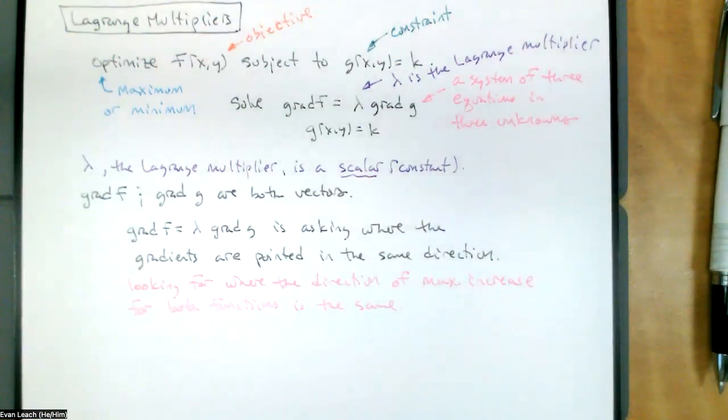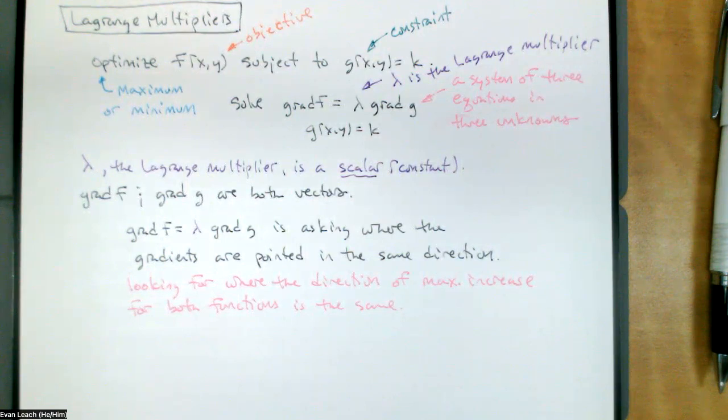We're looking for where the direction of maximum increase for both functions is the same. The lambda does have meaning, but the most important part is that the vectors are pointed in the same direction.